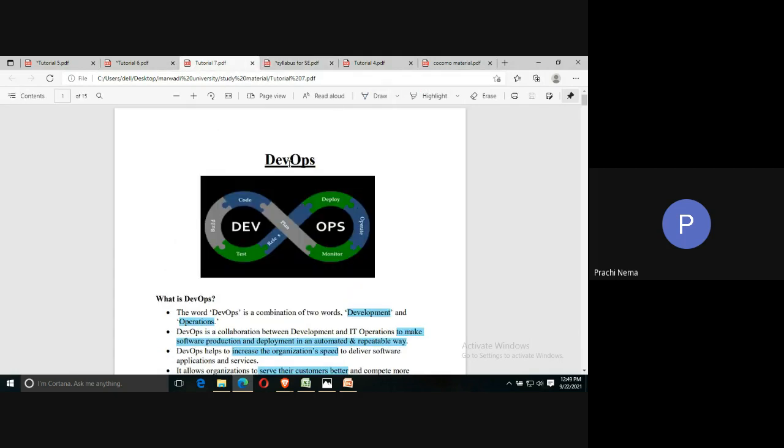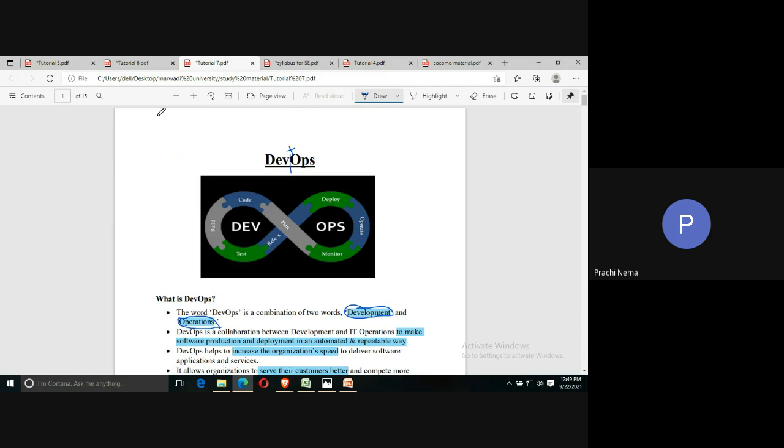Okay. So DevOps is a combination. This word is made with the combination of two words, that is development and operation. Dev is for development, and Ops is for operation. What is this development and operation?